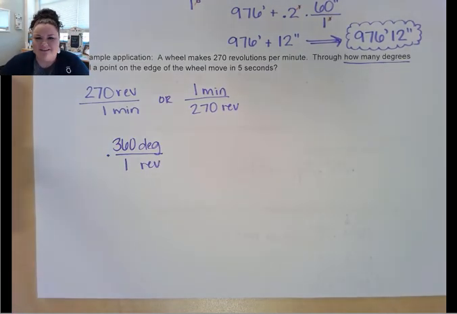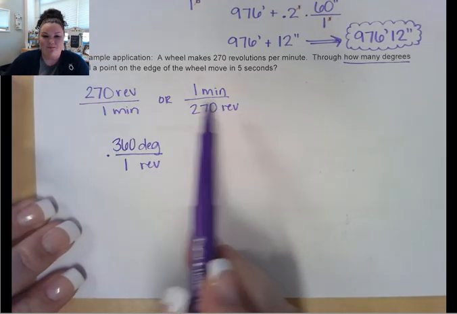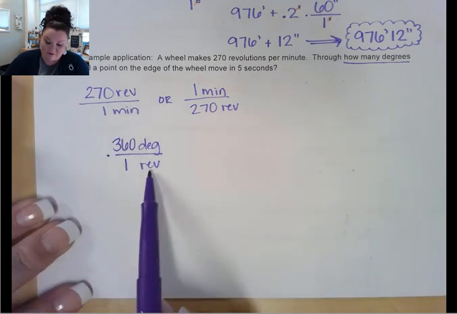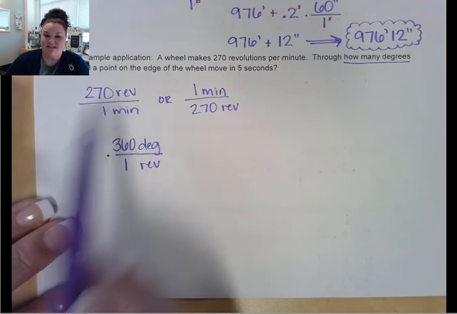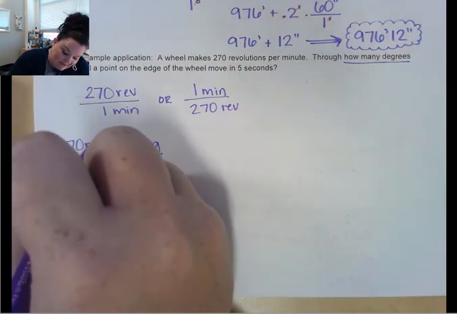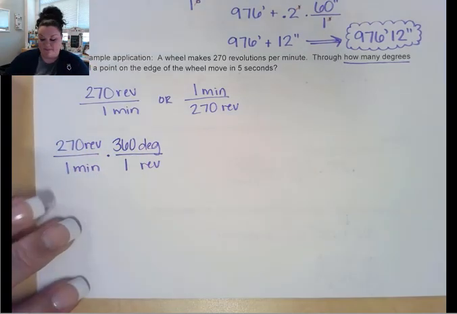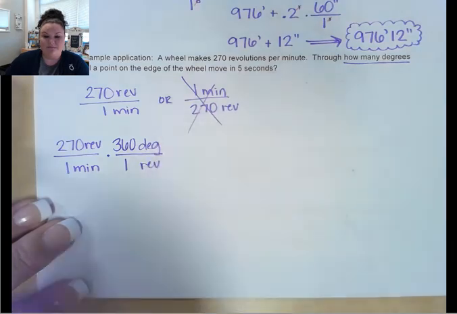If I look at my two ratios, I have revolutions on the bottom in one, so if I want that to cancel out, I'm going to use the one that has the revolutions on top. So I'm going to write this as 270 revolutions over 1 minute. I don't need this other one.